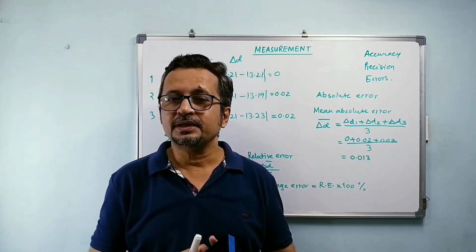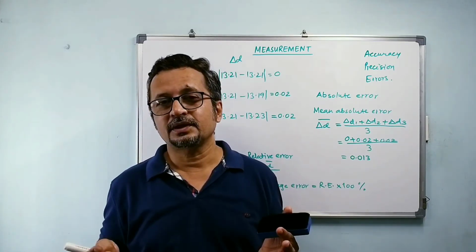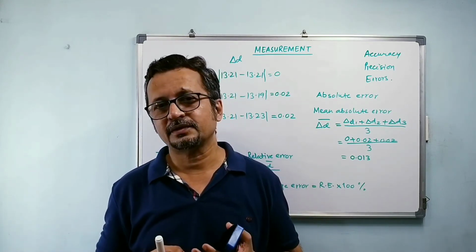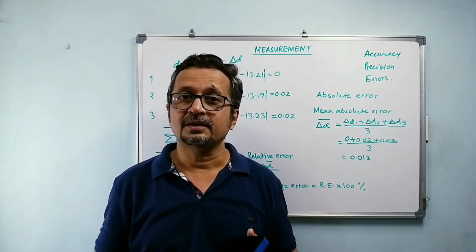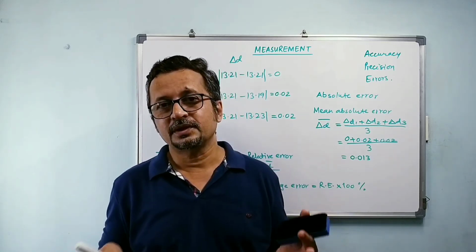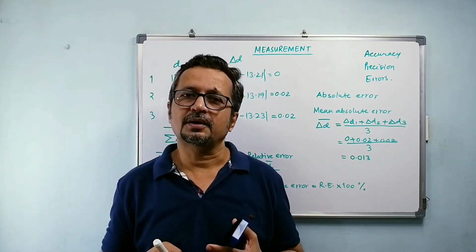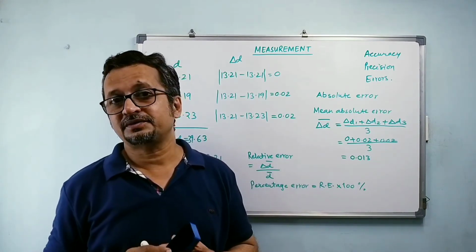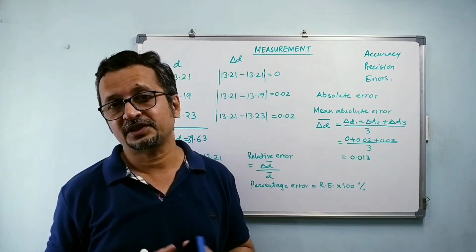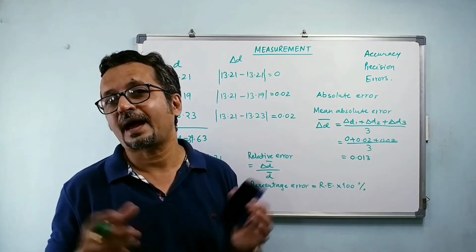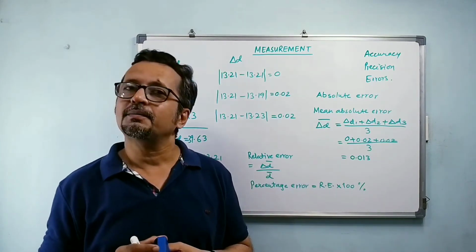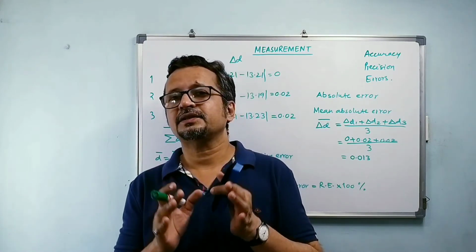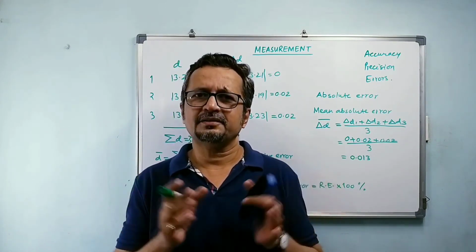The reason may be faulty apparatus, a not very skilled experimenter, setting problems, changes in temperature, change in pressure, or change in the surrounding or ambient conditions. But depending on the reasons, we generally classify errors into 3 types.